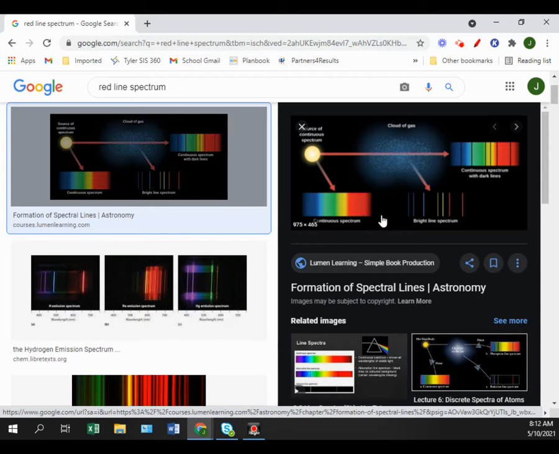Okay. And we talked about elements. Each element has a unique line spectrum, like fingerprints, right? Did I mention that or no? I can't remember. We know that people can be identified by fingerprints. If you look at your fingers, you can see different arches and tents and whorls and stuff like that, right?